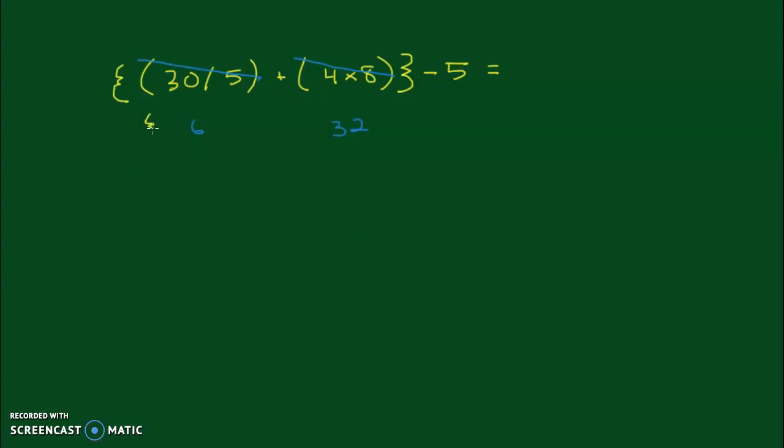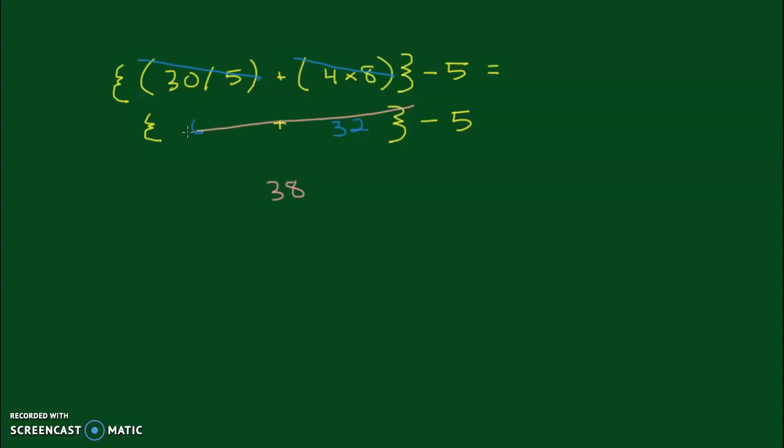So I've got my braces, my plus sign, another brace, then subtract 5. From here, I have to do what's inside the braces first, and that is going to be 6 plus 32, and 6 plus 32 is 38.